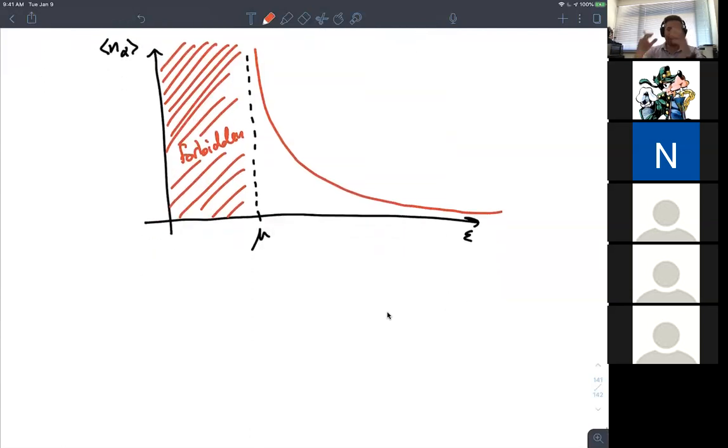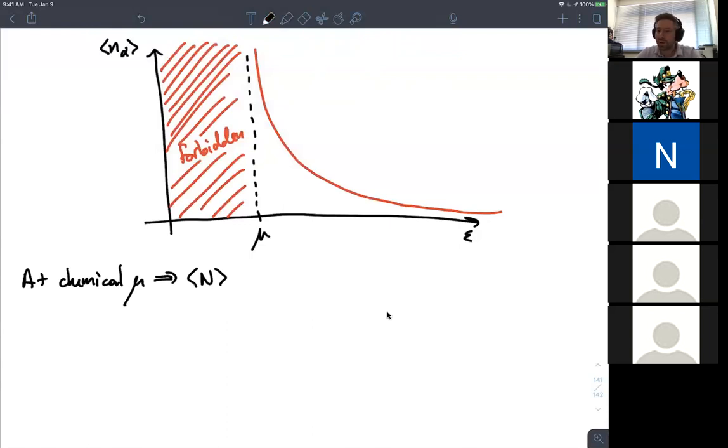Okay, so now let's imagine what happens. Let's say that we got our system that's filled up with bosons. It's got some chemical potential. And at that chemical potential μ, that will give us some steady state average occupation of our system.